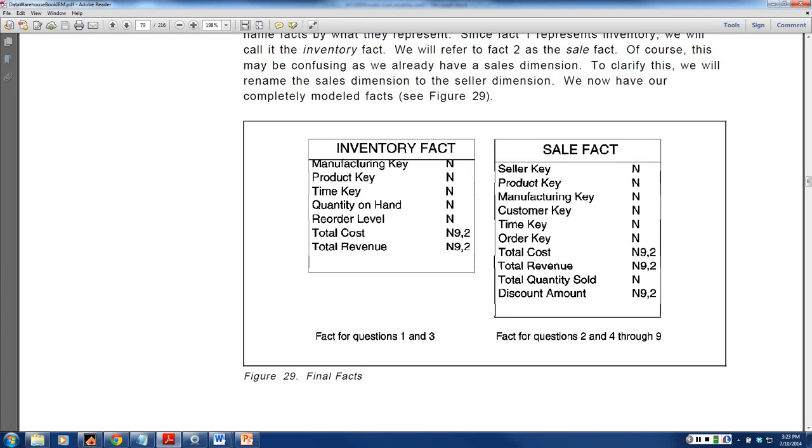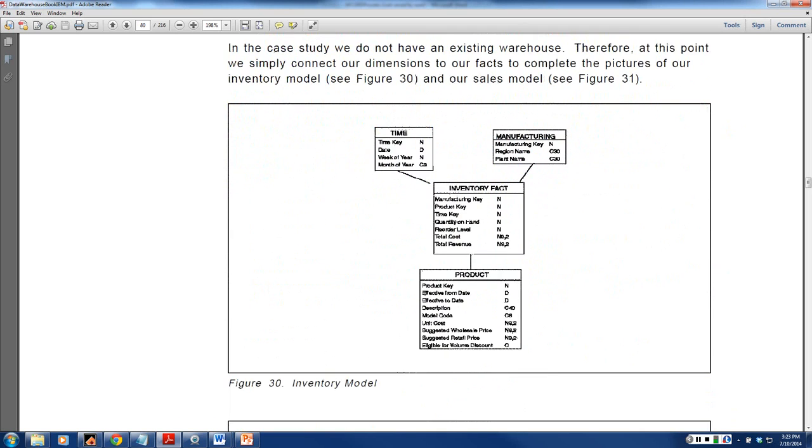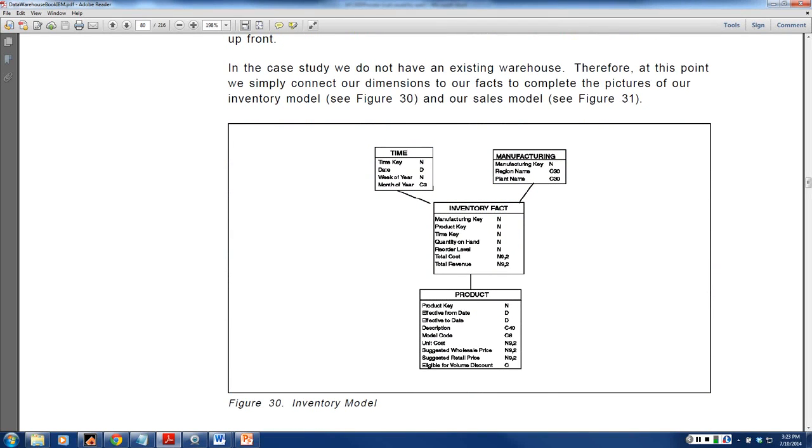So in other words, generally using these 2 facts, we can create 2 different star schemas. So let's see the first star schema here, right here, using the inventory model. You can see this is the inventory fact, and time, manufacturing, and product, these 3 have been added. So this is a star schema because this fact is surrounded by 3 dimensions: time dimension, manufacturing dimension, and product dimension. I would ignore these last 2 because they are typically not included in the inventory fact.